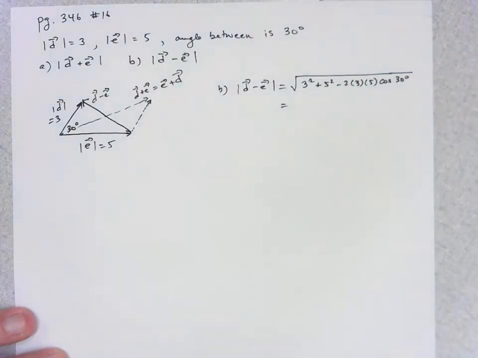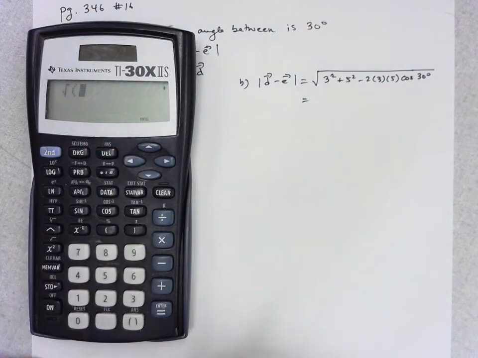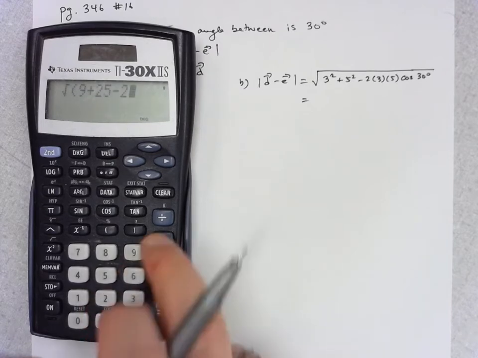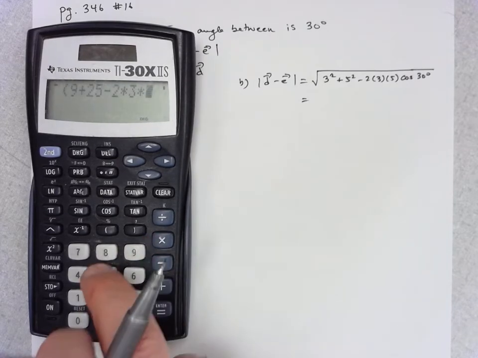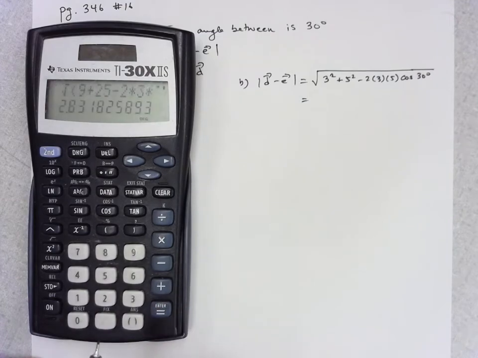Let's calculate that quickly here. Square root of 9 plus 25 minus 2 times 3 times 5 times cos 30, and we end up with 2.83.